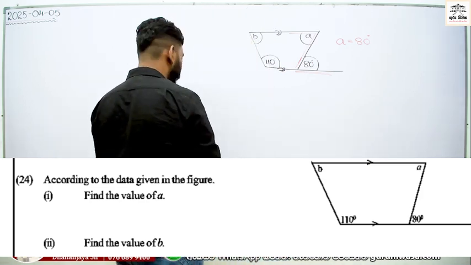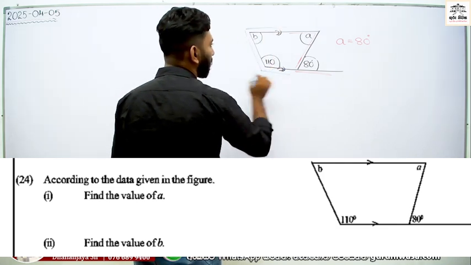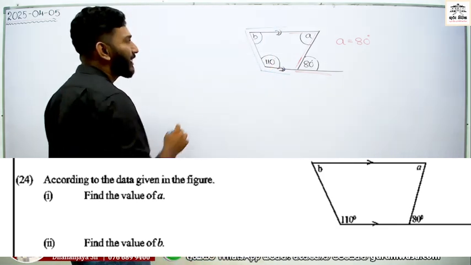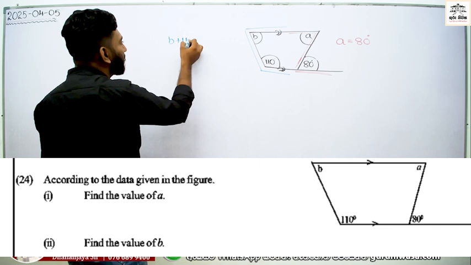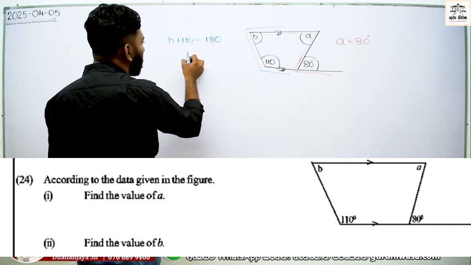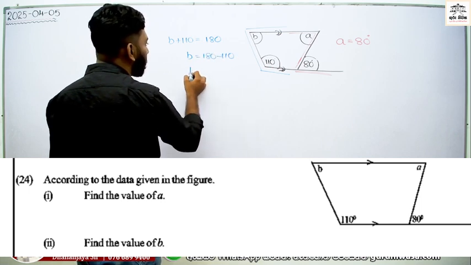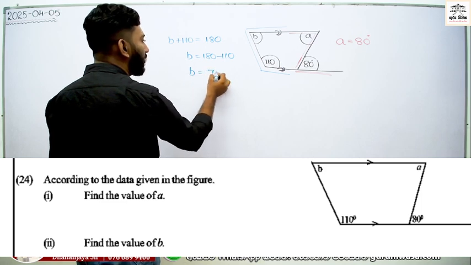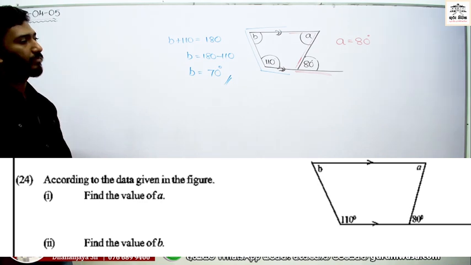And look at this, here is a C. Now, co-interior angles. Therefore B plus 110 equals 130. And B equals 180 minus 110. Then B equals 70 degrees.